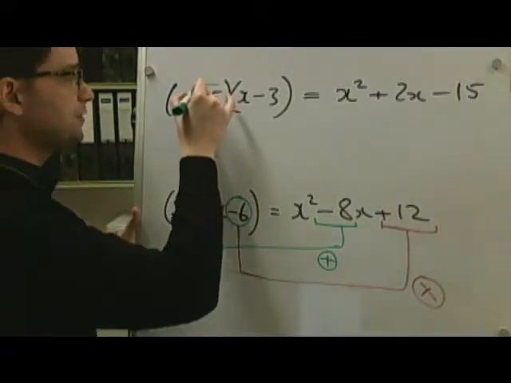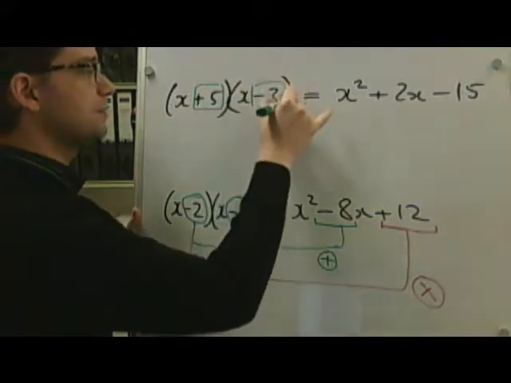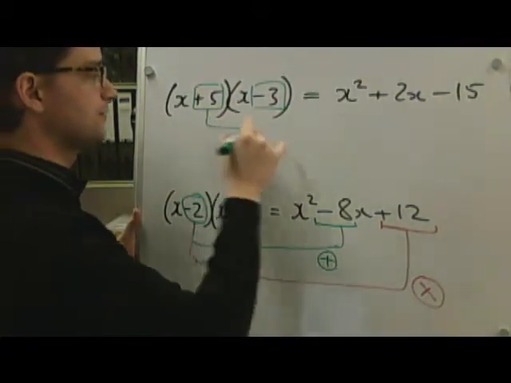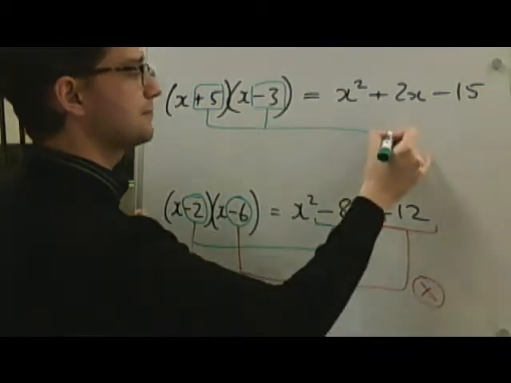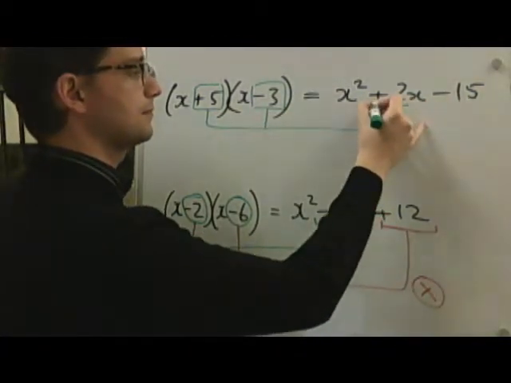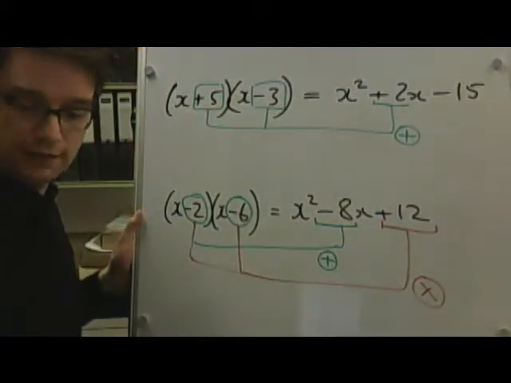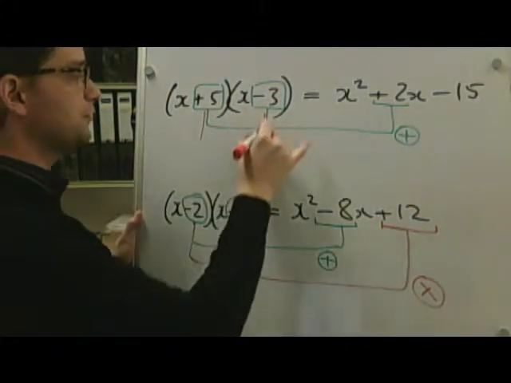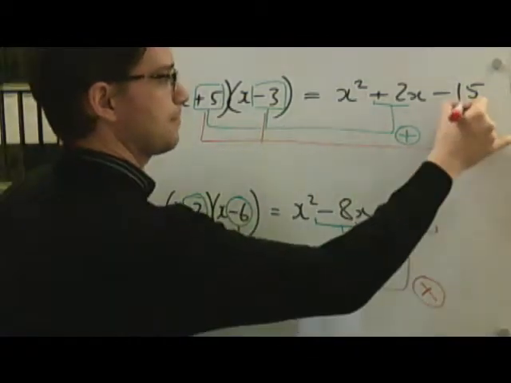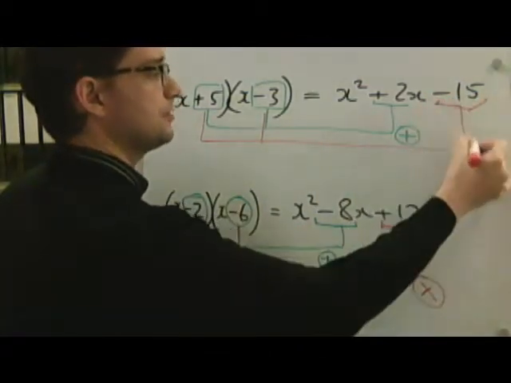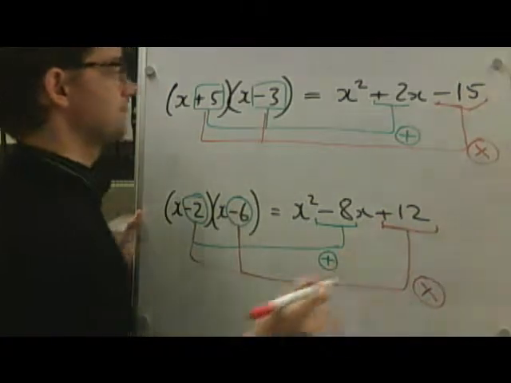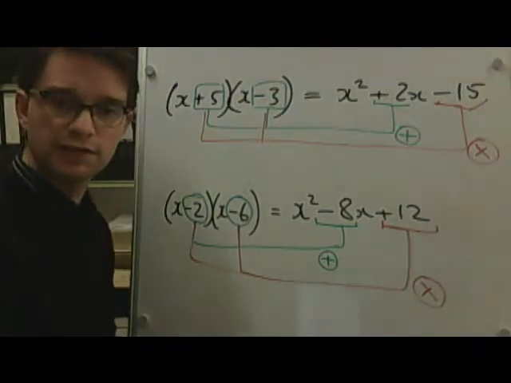And again, if I look at this plus 5 and minus 3, if I add those two figures together, I get plus 2x. If I multiply those two figures together, plus 5 times minus 3 is minus 15.